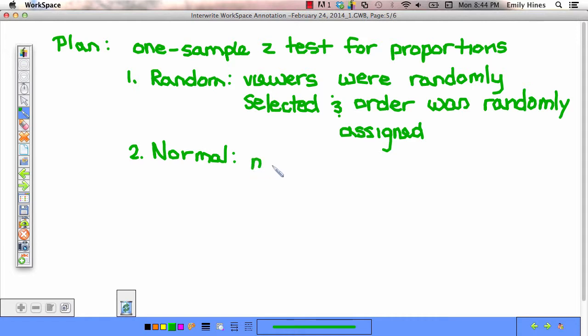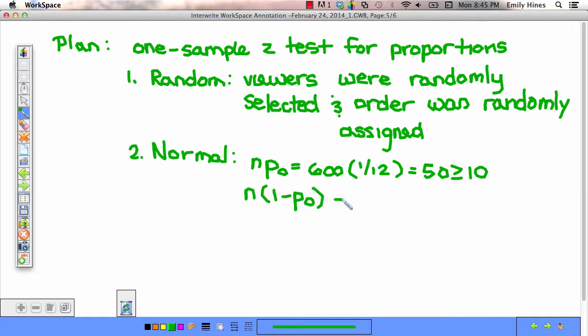So n times the null would be 600 times 1/12, which is 50, which is greater than or equal to 10. And if I do n times 1 minus the null, that would be 600 times 11/12, which would be 550, which is also greater than or equal to 10. So my normal condition is met.